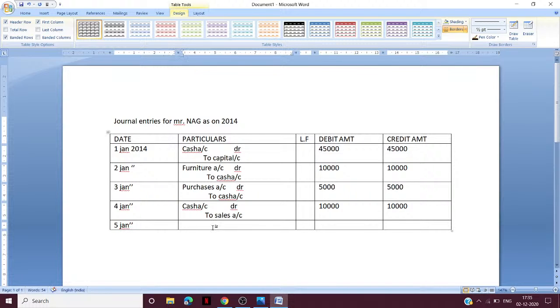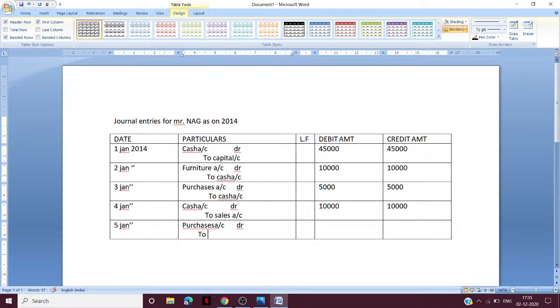So what is the entry for purchases? Purchases always comes under debit. So we'll follow the same rule. Next, instead of cash, we have a credit transaction.